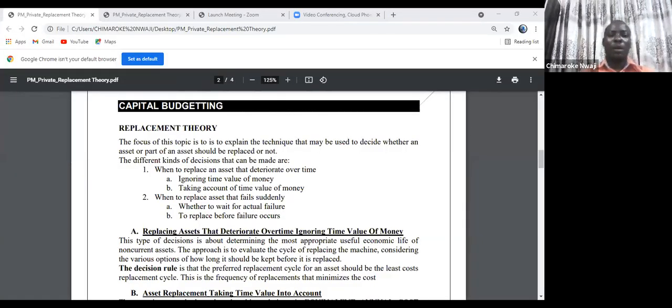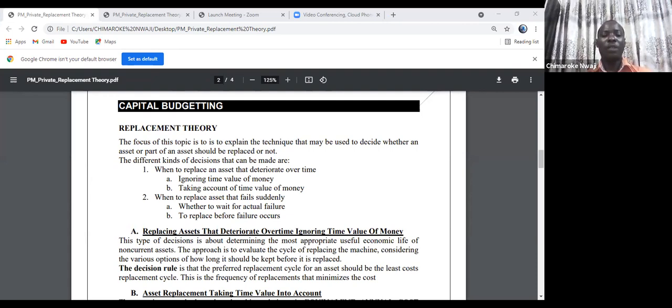All right, so we are going to look at two kinds of decisions to be made when replacing an asset or part of an asset. We're going to look at when to replace an asset that deteriorates over time, so it depreciates over time.